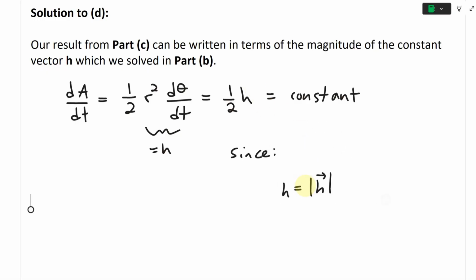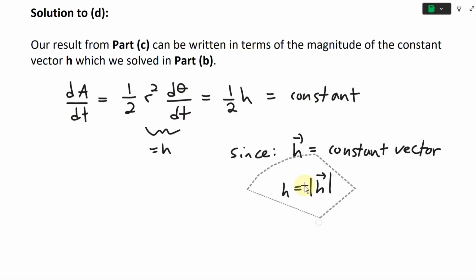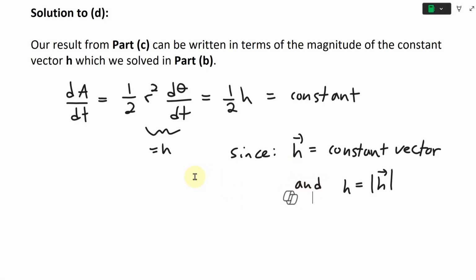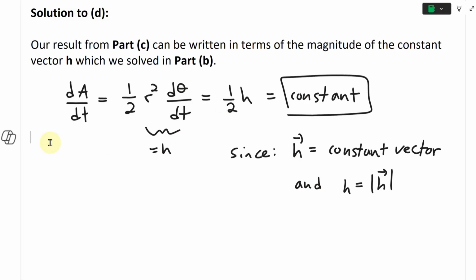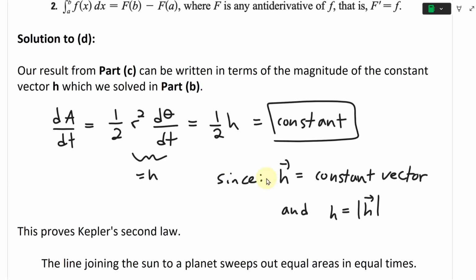So h like that is a constant vector. And then this is that. And then we move this over here. And h is equal to the magnitude of this constant vector there. All right, so that's what we have. So this is constant. All right, and that is correct there. That's what we wanted. So we solved part D. And so that's constant.